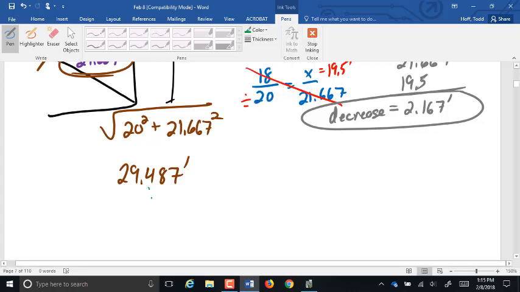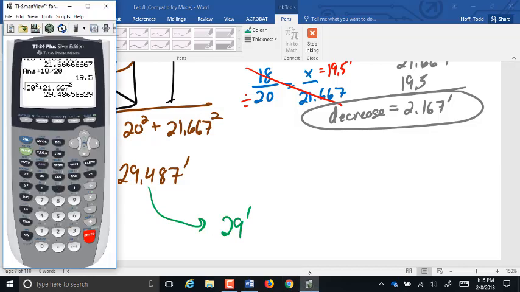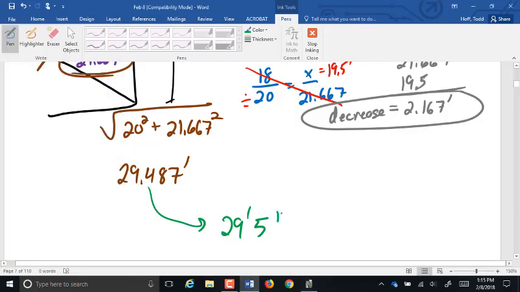And again, I'm going to convert that. That's 29 feet. What do we do here to make it inches and sixteenths? Minus 29 times 12. That's 5. We'll subtract the 5 times 16. Good. 13.4, so it's just 13 sixteenths.